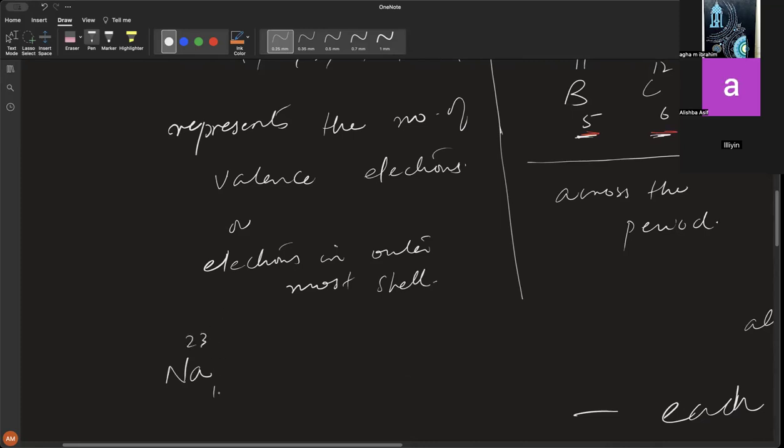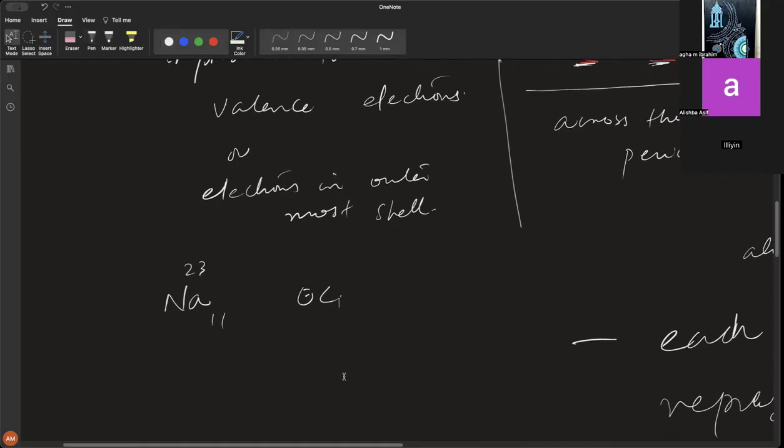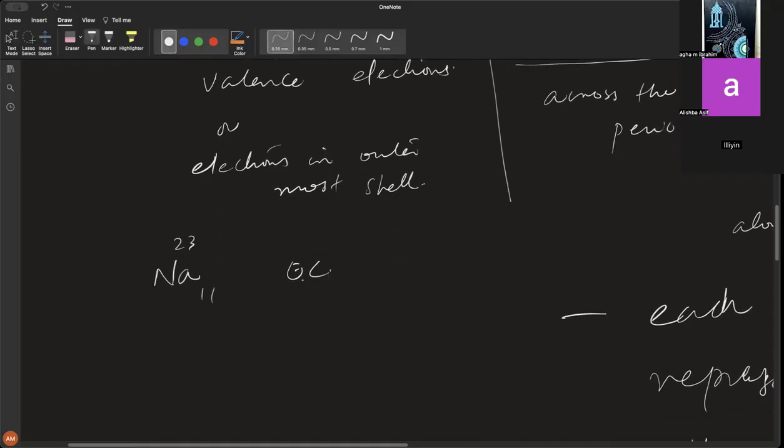It's 23 and 11, right? So if you make the electronic configuration for sodium, Eileen, what is going to be the electronic configuration for sodium? 2, 8 and 1.